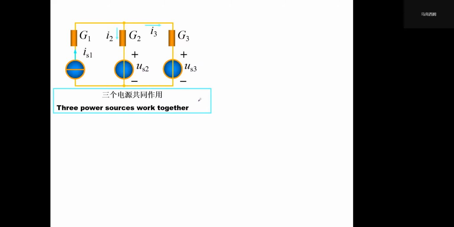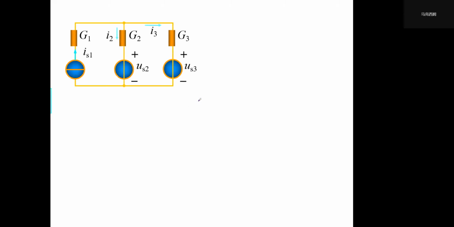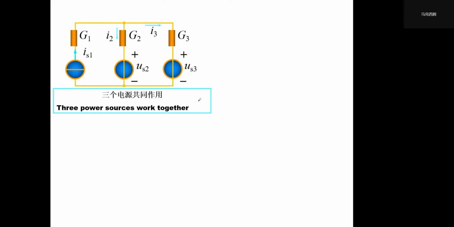So let's take an example. We now know that the theorems we learn are getting more and more complex, so we had better catch up. Otherwise, we're probably not going to be able to understand it.